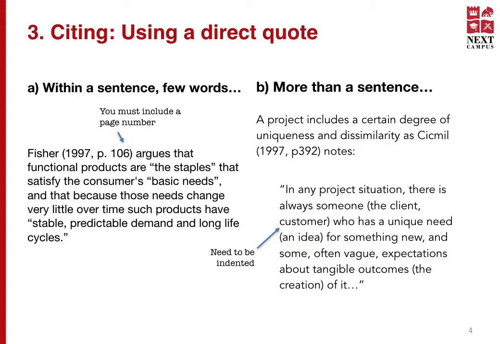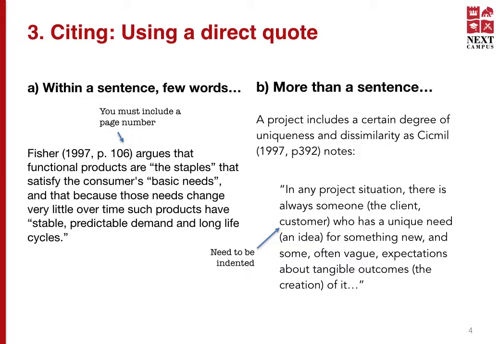But if you use more than a sentence, look at the right hand side. A project includes a certain degree of uniqueness and dissimilarity as SysMill (1997, p. 392) notes.